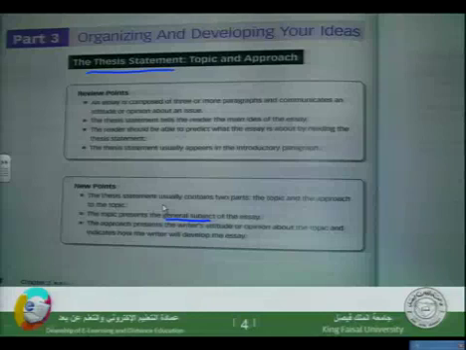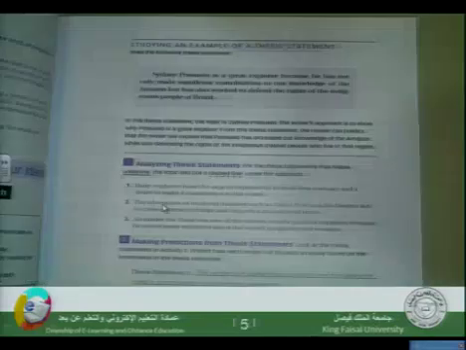So what we're trying to say here is that please don't take a thesis statement lightly. It is a very important part of your essay. Okay? Now, I think I've said enough here. Let's move on to page 35.